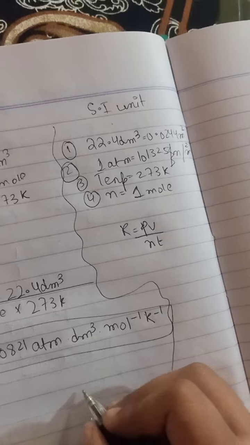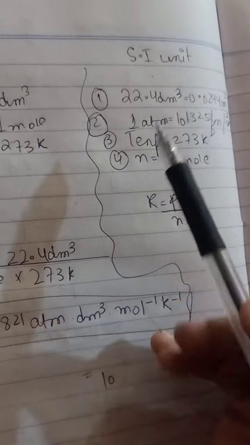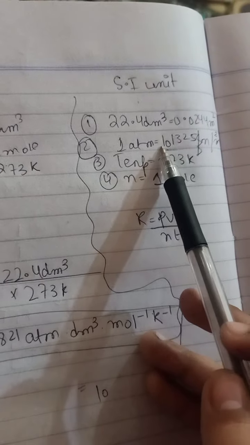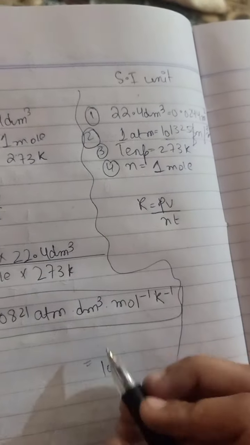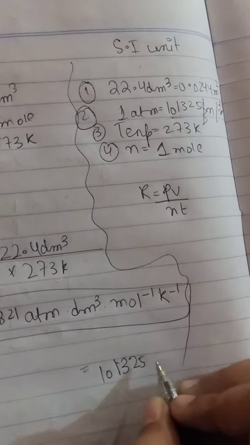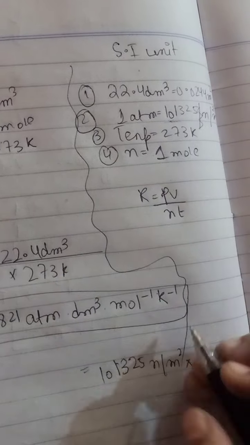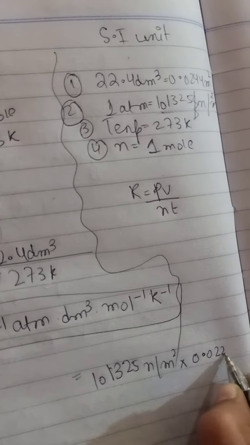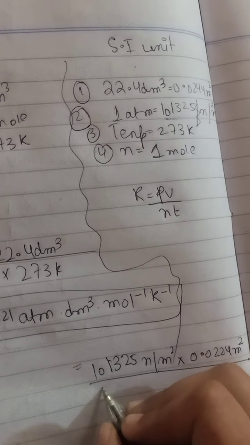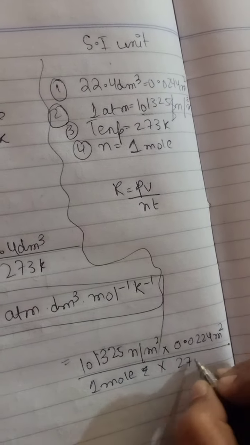If we write all the terms here, the pressure is 101325 Newton per meter square, multiplied by the volume, which is 0.0224 meter cube, and the number of moles is 1 mole, multiplied by 273 Kelvin.